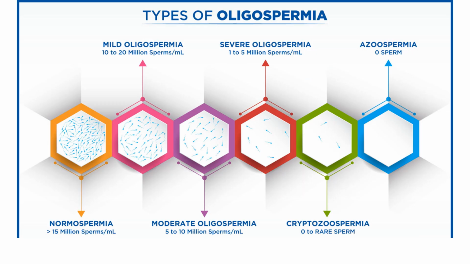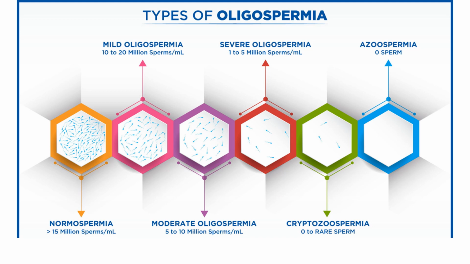Normally, during each ejaculation, about 200 to 300 million sperms are emitted per ml. So more than 15 million sperms per ml is considered normal per ejaculation. But when the quantity reduces to 10 to 20 million sperm per ml, it is called mild oligospermia.